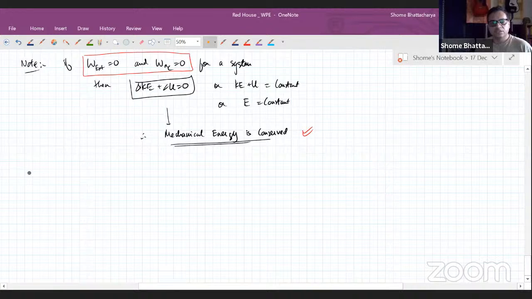So for example, if I have a situation like this, what I have is a block against a spring. The block is not attached to the spring; it is just resting against the spring.